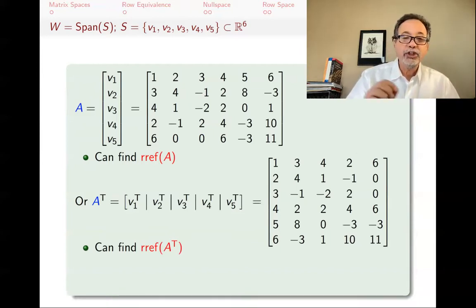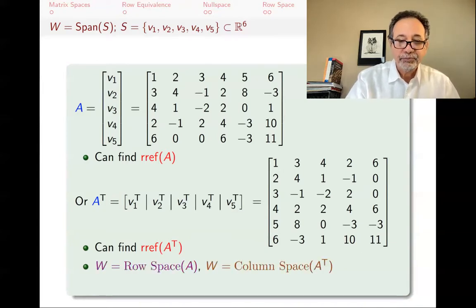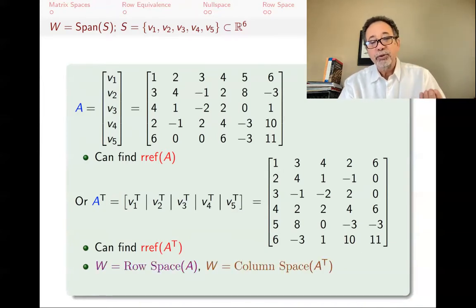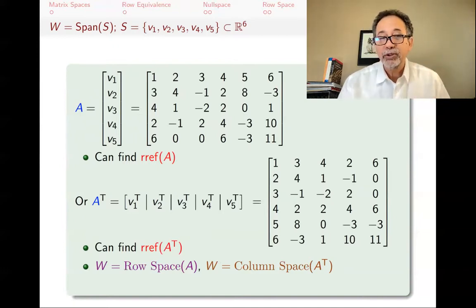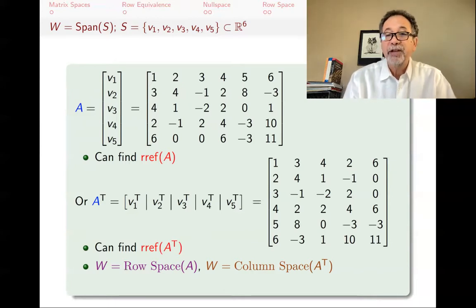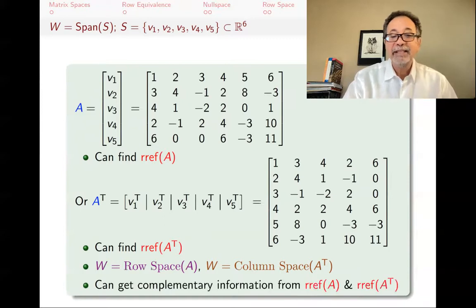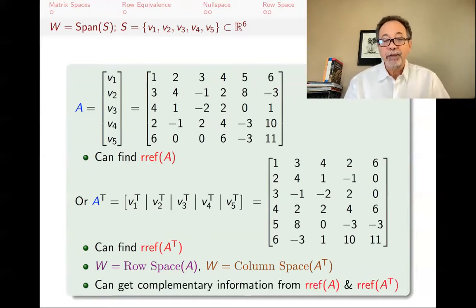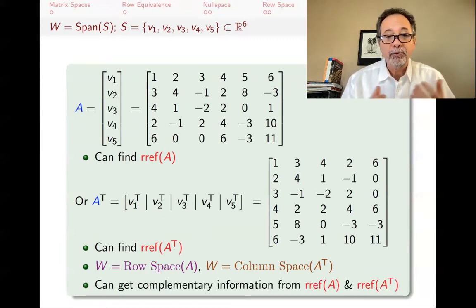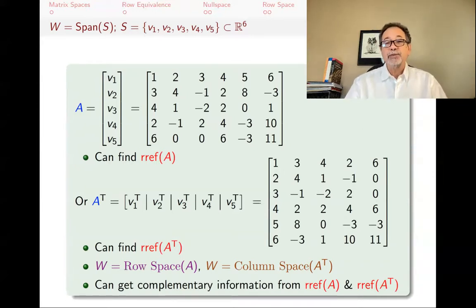Each one of these gives us different kinds of information. W, the subspace of R6 that I was interested in, is the row space of A, but it's also the column space of A transpose. And these give me complementary information about W, through the reduced row echelon form of A and of A transpose, as we shall see.